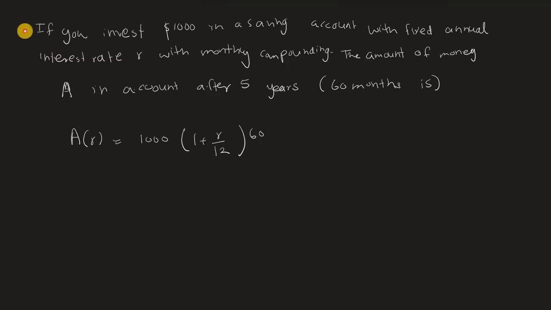Okay, so we have this question over here. It says that if you invest $1,000 in a savings account with a fixed annual interest rate with monthly compounding, what is the amount of money in the account after 5 years, 60 months?